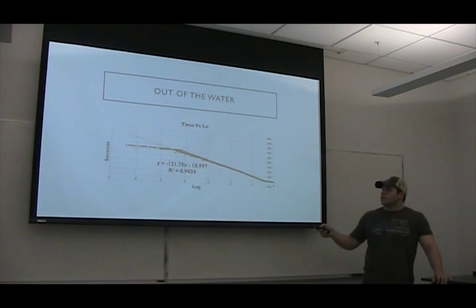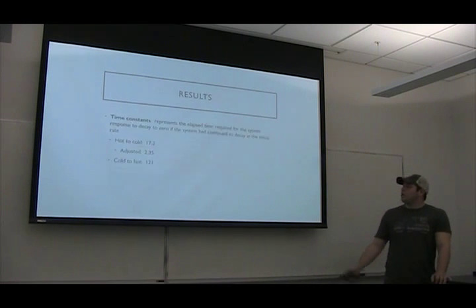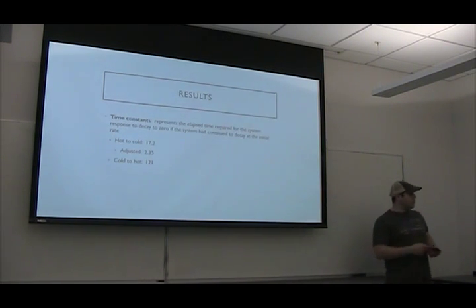And this, as you can see, is a much better representation of the data with the R squared value of 0.98 and a slope of 121. So basically for our results from hot to cold, I found an initial thermal time constant of 17.2, but after adjusting it, I got a 2.35.